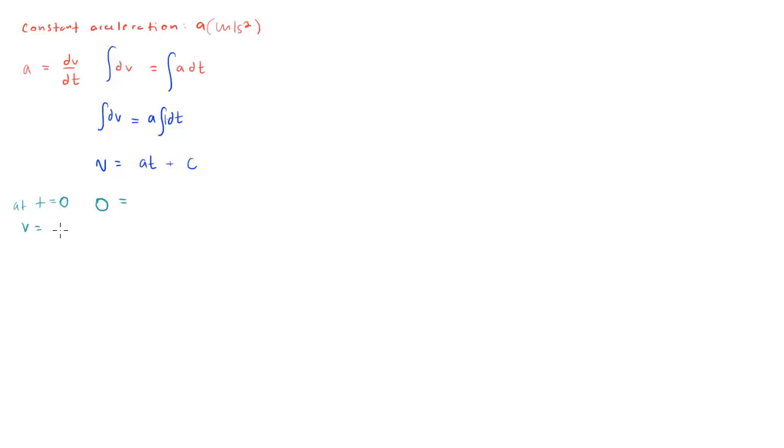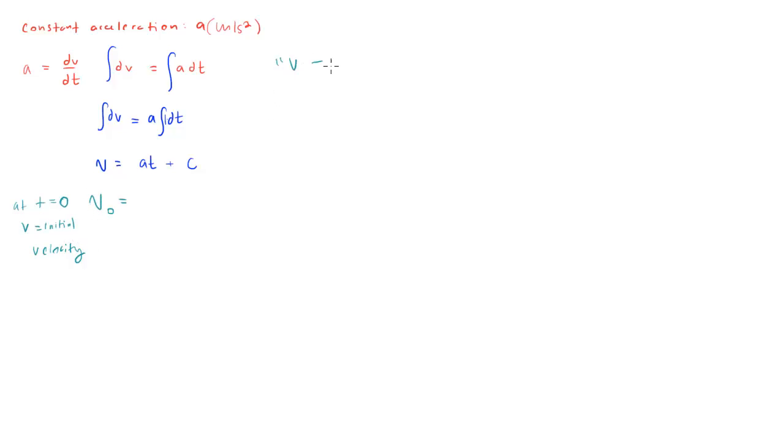At time equals 0, the velocity is some initial velocity. So at t equals 0, we're at our starting velocity. And we're going to call that v naught, v sub 0.